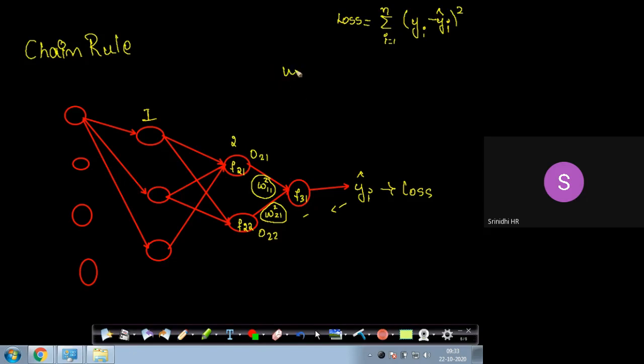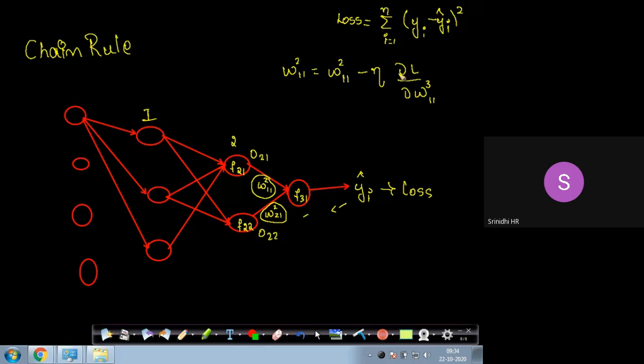W11 of 2, this I want to update, is equal to old W11, that is W11 of 2, minus eta times the derivative of L with respect to W11. This is what I want to find.